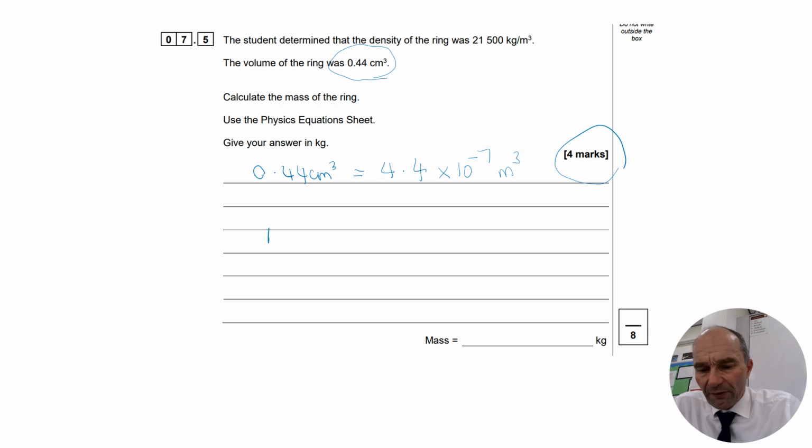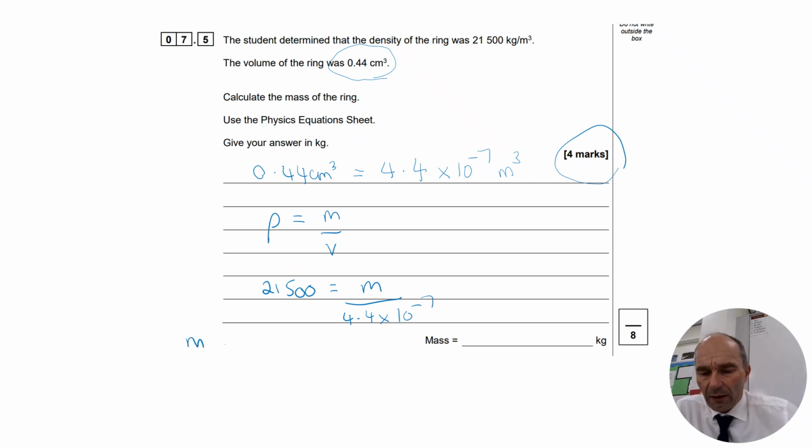Now if you remember, density is mass over volume. We've got a density of 21,500. We need to find out the mass. That's our unknown. And we've got the volume of 4.4 times 10 to the minus 7. We need to get the mass by itself, so we multiply both sides by 4.4 times 10 to the minus 7.